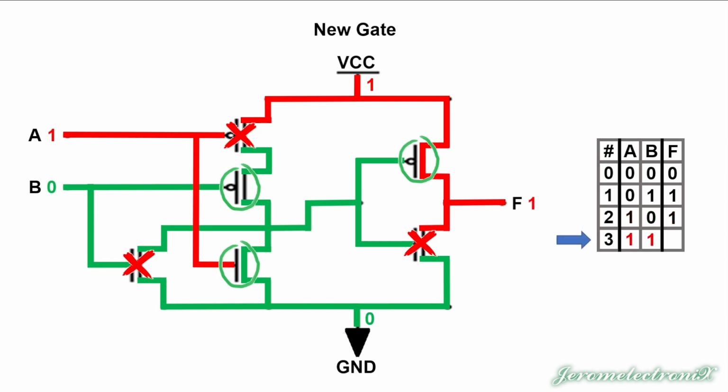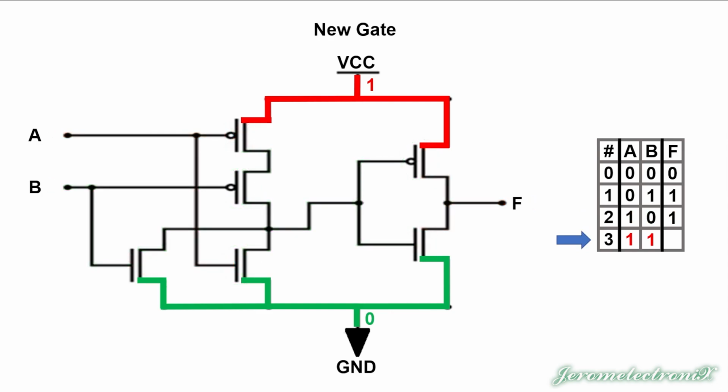Next one, the last one, row 3. Well, row 3, A already has a 1 in it, but we're going to talk about that again. A with 1, that's going to stop the flow through the PMOS. Going down now to the lower NMOS gate, a 1 allows the flow, which means we can watch the low voltage flooding the internal conductors.